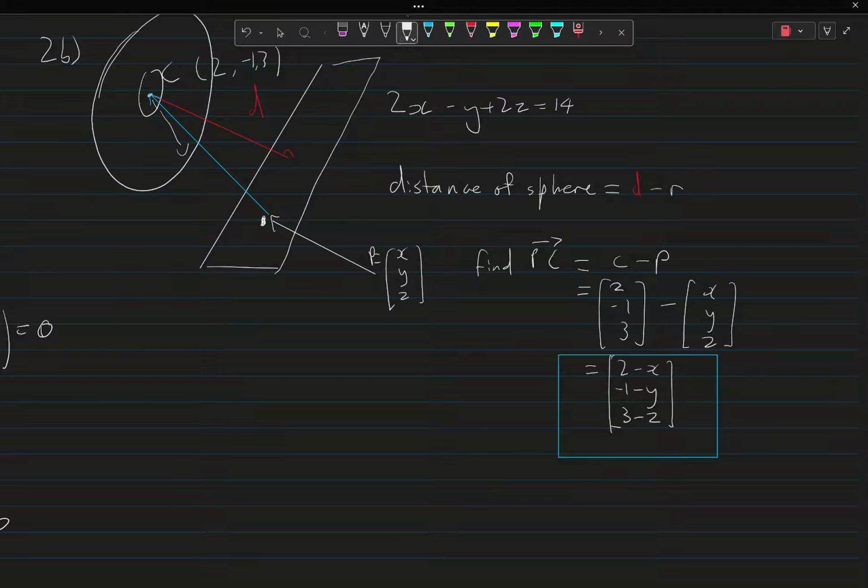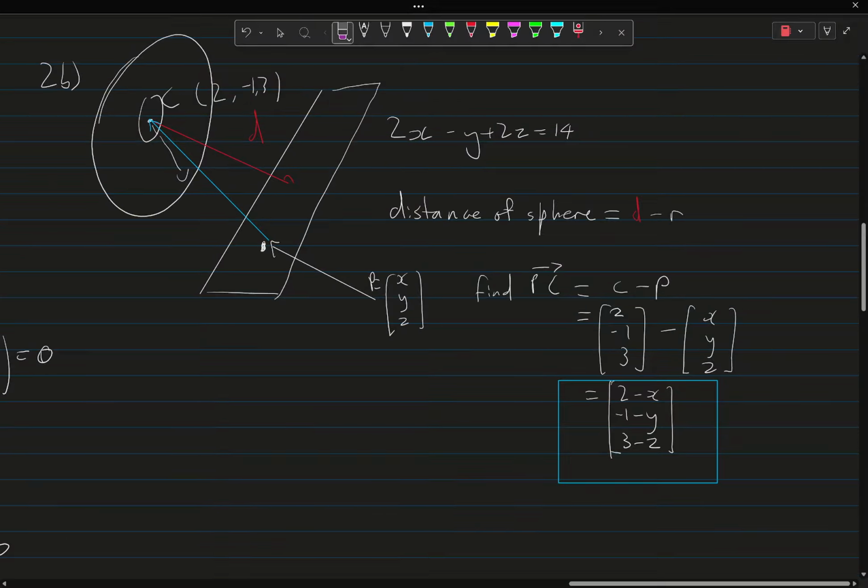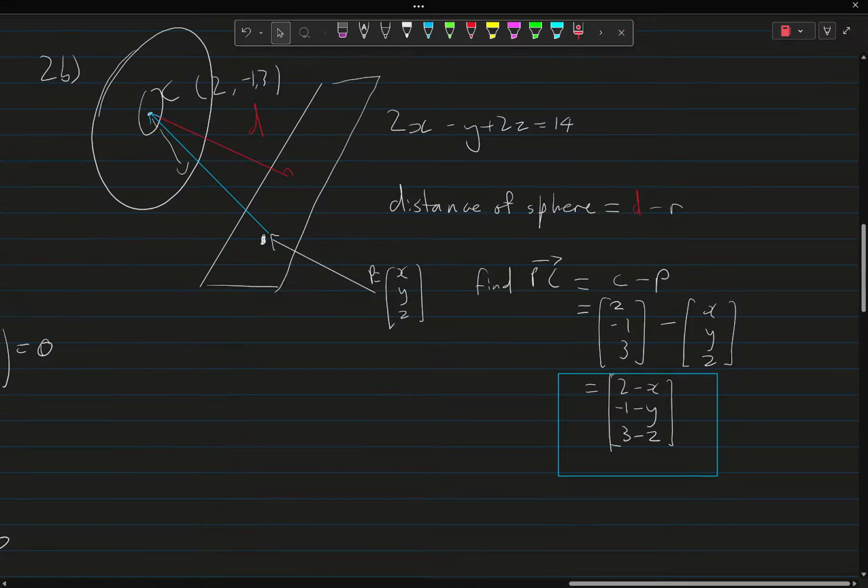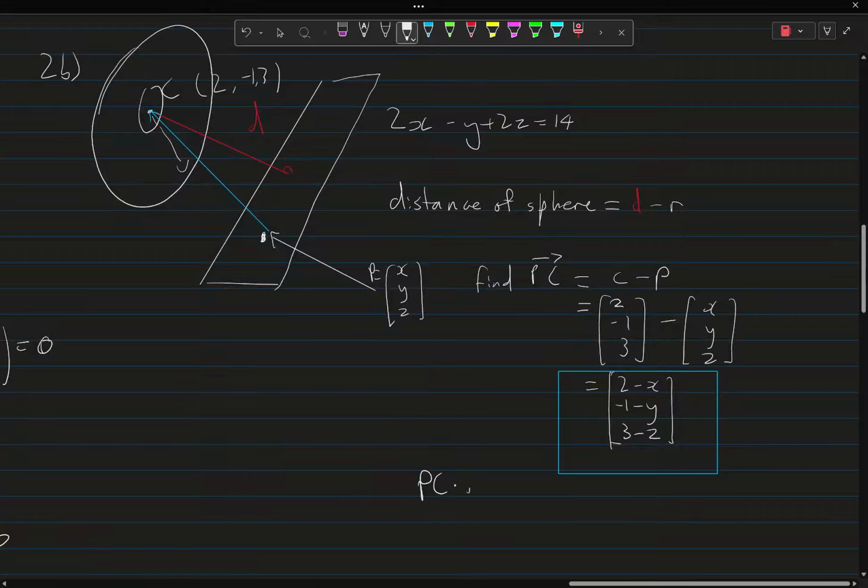So we just need to do PC dot normal, and with the unit normal, or we can just go normal over magnitude of normal, and that will give us the distance.